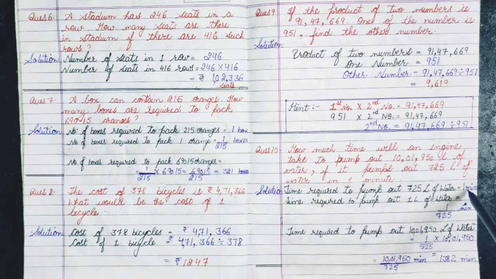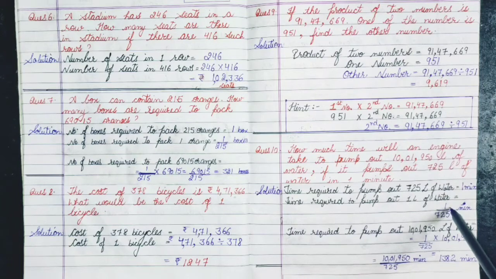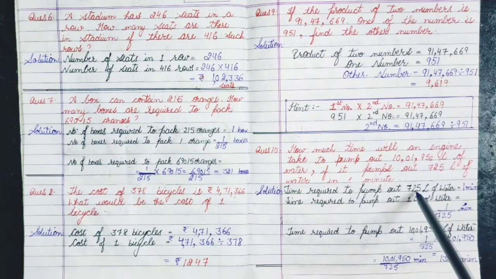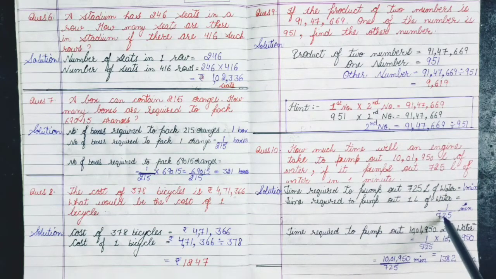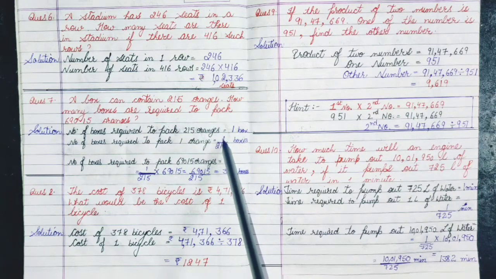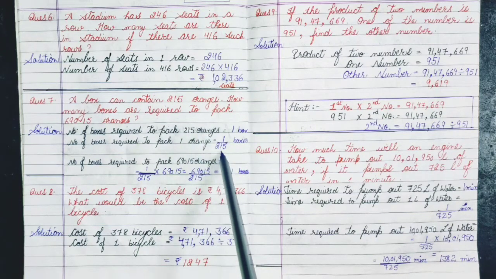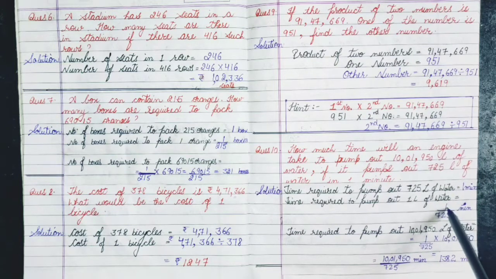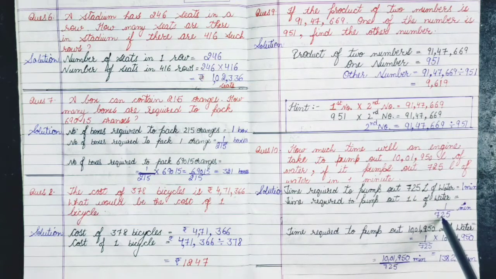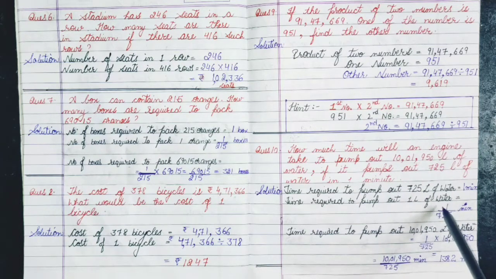The value on the right-hand side will become the numerator, and this value will always become the denominator. The same thing we have done here also: the right-hand side value becomes the numerator and 725 liters becomes the denominator. Right everyone?